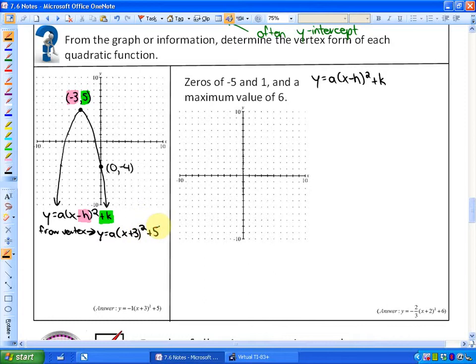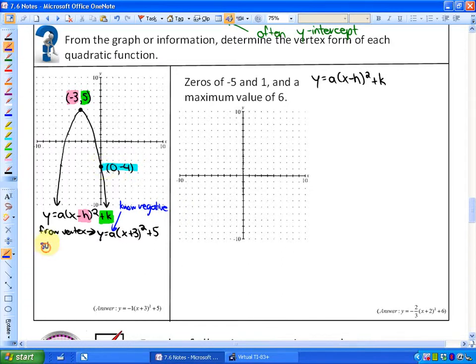Okay? Now to determine the value of a, we know that a is negative, but we want to know which value. We know that it's negative, but we'd like to know if it's negative a half, negative 1, negative 2, negative a million. So let's go ahead and see if we can figure out what it is. In order to do that, we're going to substitute some other point. In this case, the other point that we know is 0 and negative 4.